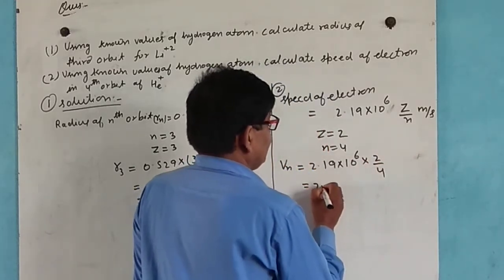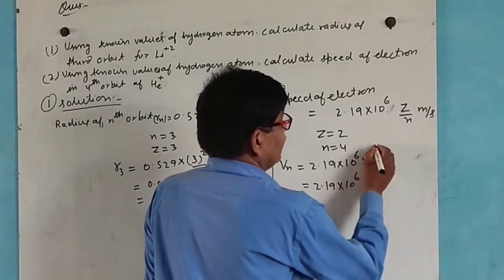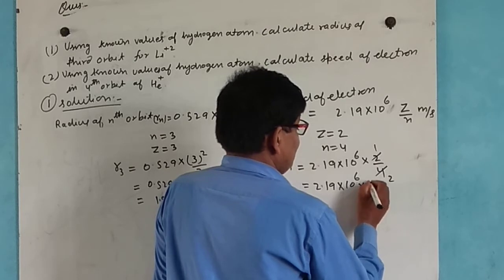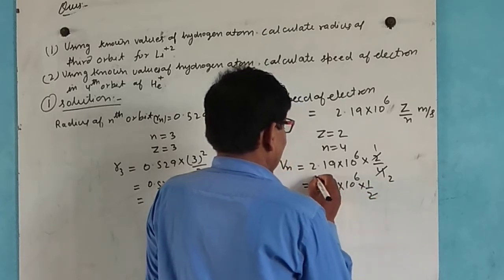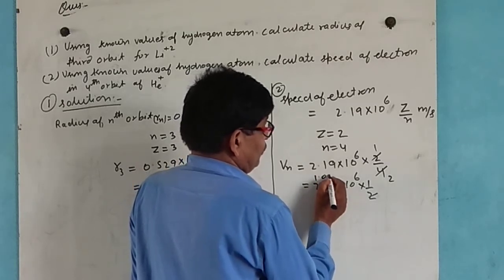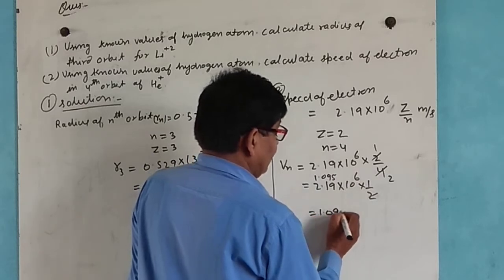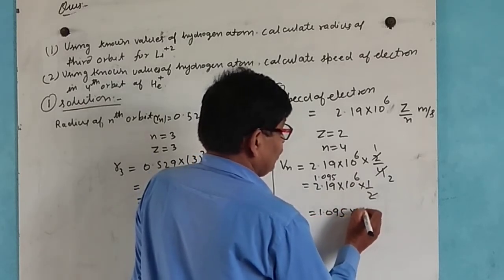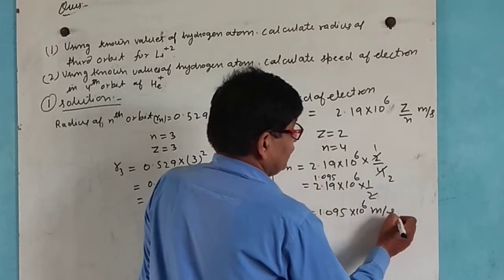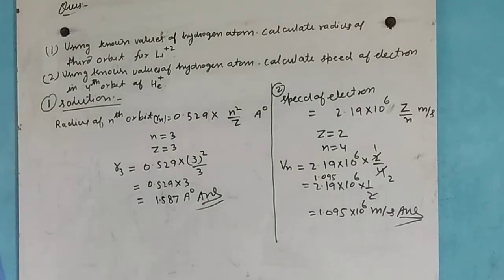This can be written as 2.19 into 10 to the power 6 into 1 by 2, which is 1.095 into 10 to the power 6 meter per second. This is the speed of electrons in the fourth orbit.